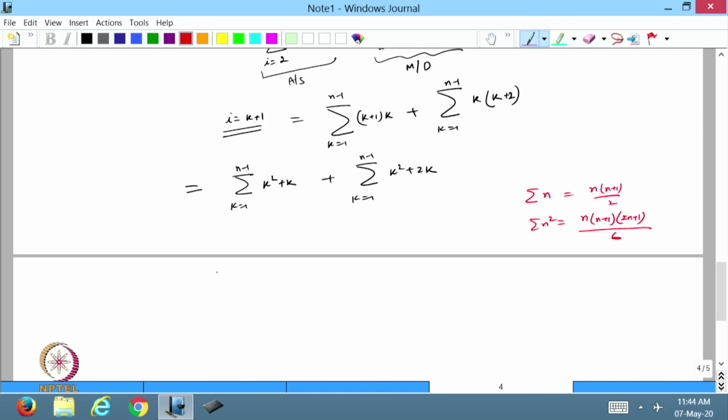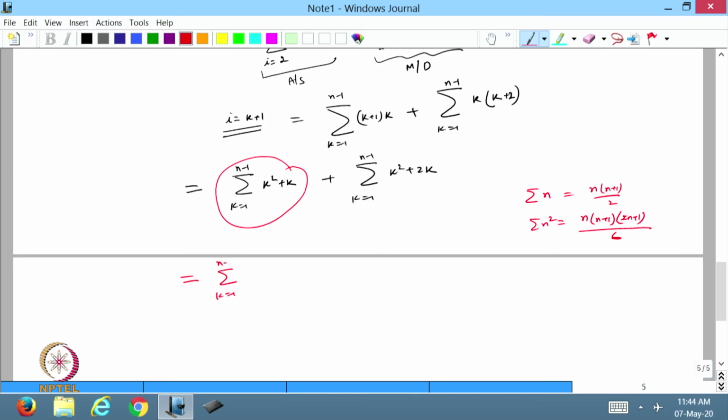Okay. So, now from here I can write that this will become summation. So, first I am doing this one. So, it is summation k from 1 to n minus 1 of k square plus summation k from 1 to n minus 1 of k. So, this summation will become, for k square, it is n minus 1 into n minus 1 plus 1 into 2 into n minus 1 plus 1 by 6, plus this one will be n minus 1 into n minus 1 plus 1 by 2.